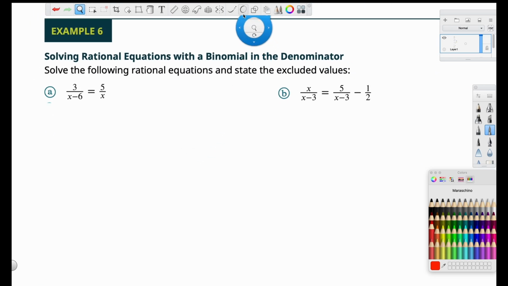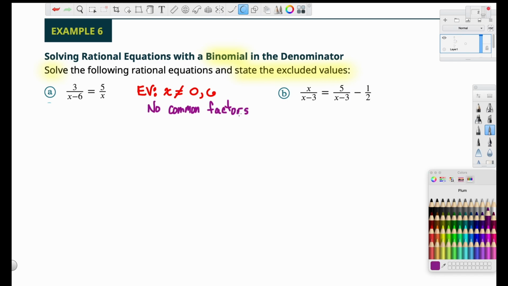Okay, last examples. We've got a binomial in the denominator. So the binomial is a factor that we're going to use in this problem. First of all, let's take a look at the excluded values, 0 and 6. We cannot use them because we get divided by 0.